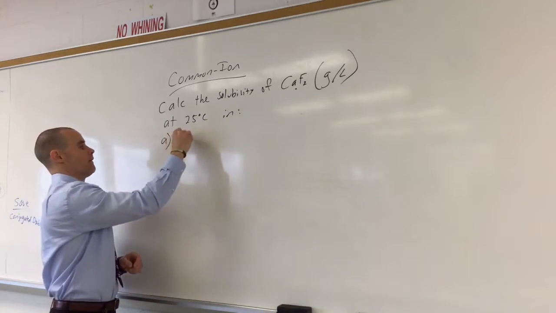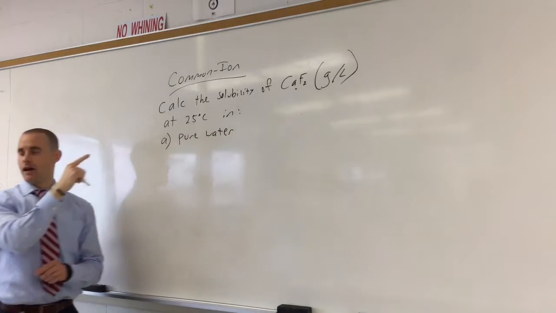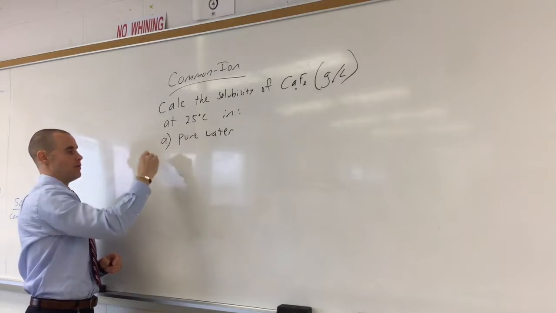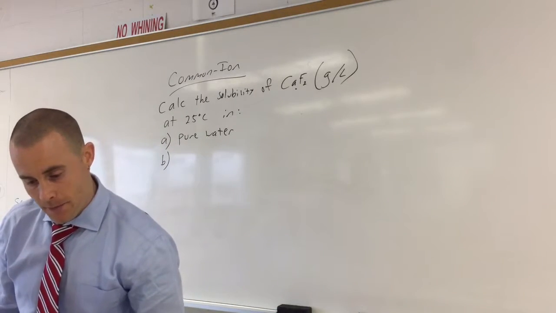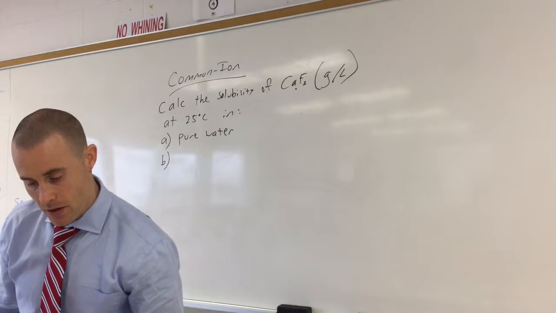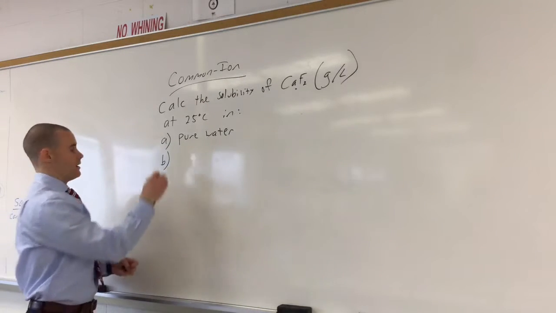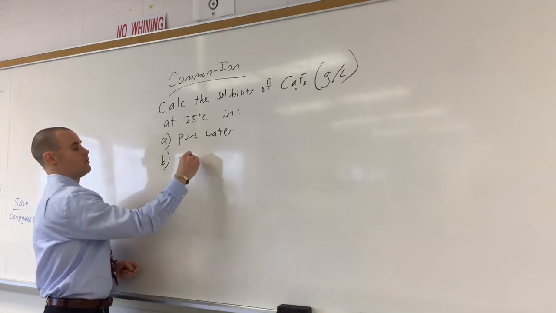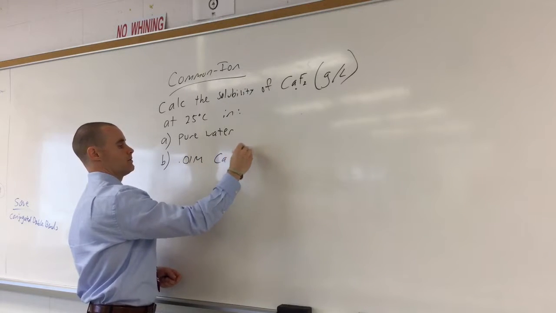A is pure water. We've already done that actually, so that's a little bit of review. B, so it's not a common ion problem yet, and then B would be in a 0.01 molar calcium nitrate solution.